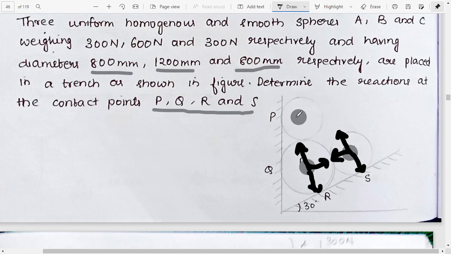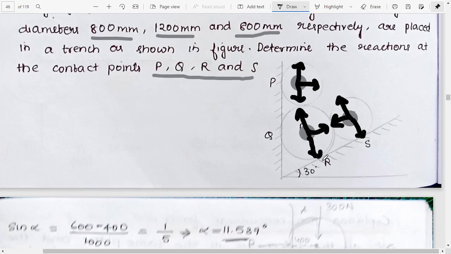And in this case there will be a reaction like this, then a reaction like this, and the weight. Okay, so these are the forces.